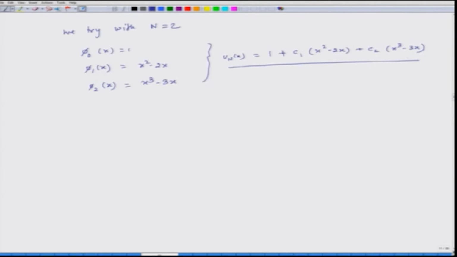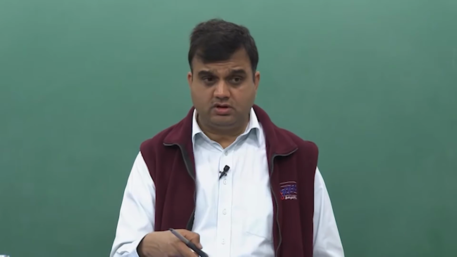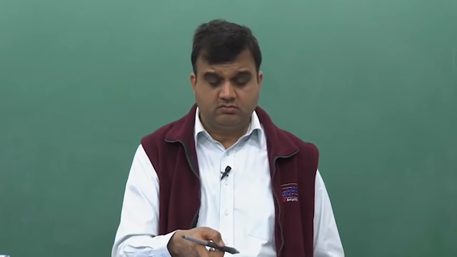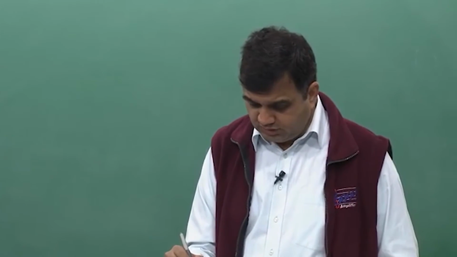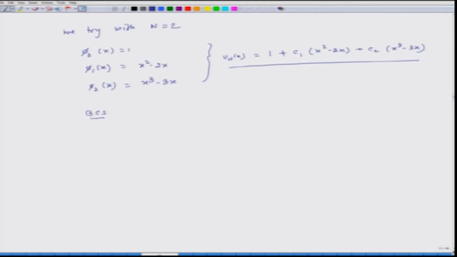Now, we see whether this function meets the boundary conditions or not. If it does not meet, then we do not go further; we go and pick up another function. So, the first BC is u is equal to 1 at x is equal to 0. We put x is equal to 0 in this entire function and it is satisfied. The second boundary condition is that x du over dx at x is equal to 1 is equal to 0.